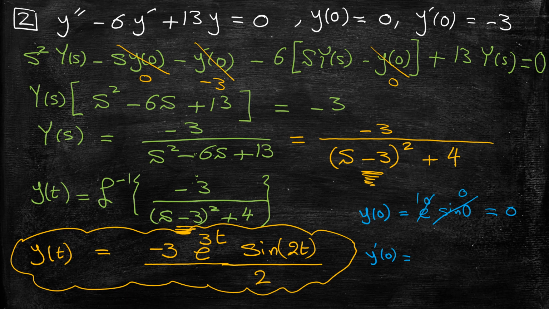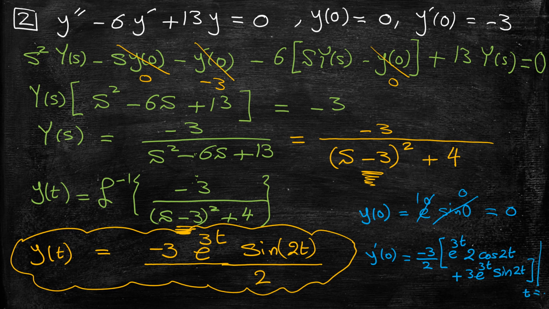Y dash of 0, we have this constant minus 3 over 2, and this is the product of two functions. So the first times the derivative of the second, plus the second times the derivative of the first. So it will be e power 3t, 2 cosine 2t, plus 3 e power 3t, and sine 2t.